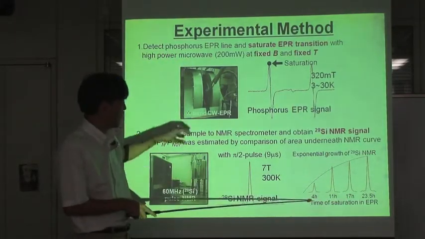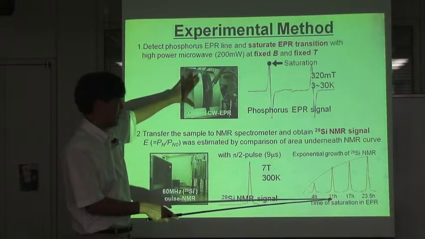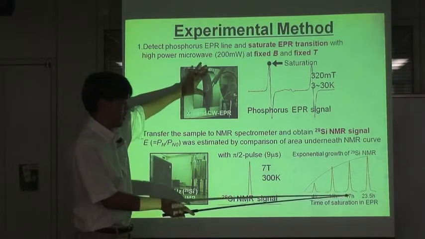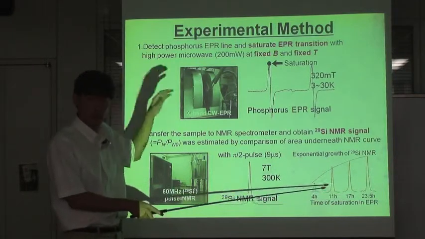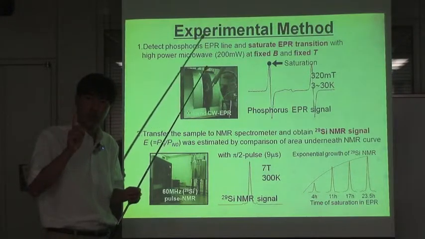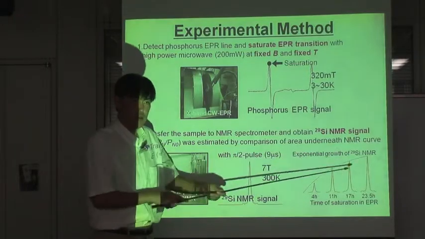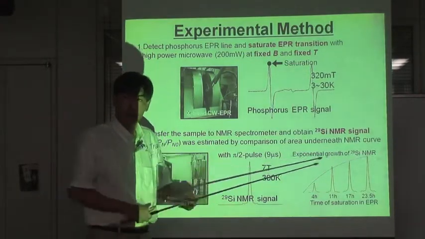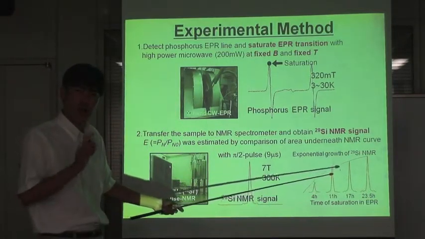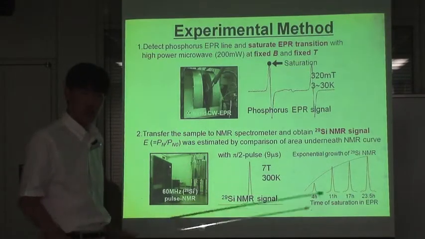Time here is 4-hour irradiation in EPR, 11-hour irradiation in EPR, and then measurement at NMR, just a quick measurement, then 17 hours of saturation in EPR. You can see the longer we wait, the more 29 nuclear polarization is achieved. And this polarization growth, intensity growth, is exponential. Okay, so to achieve high polarization, you have to wait many hours in the EPR machine.